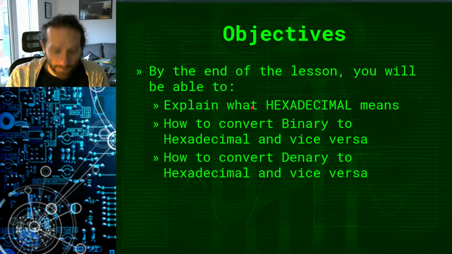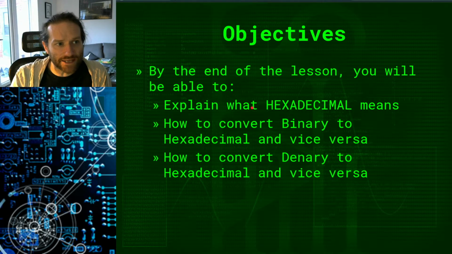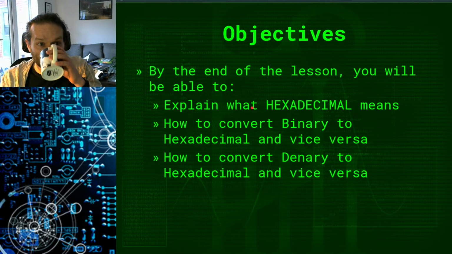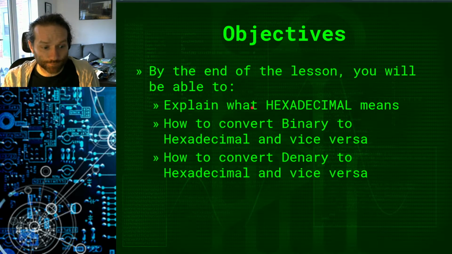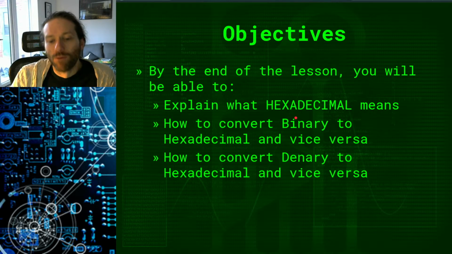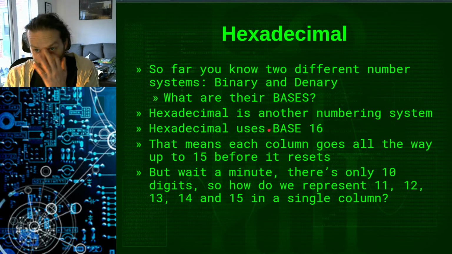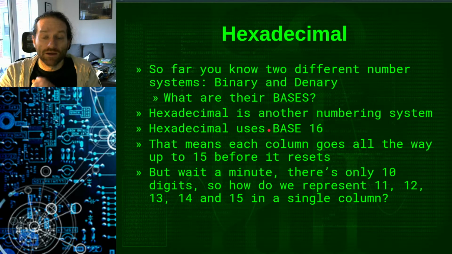Quick question though: if denary is base 10 and binary is base 2, what is the number base of hexadecimal? Spot on, Ollie, and spot on, Obmouse TFM. It is 16. Okay, so base 16.